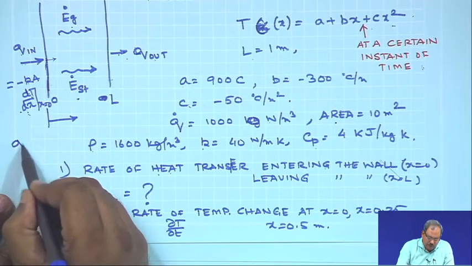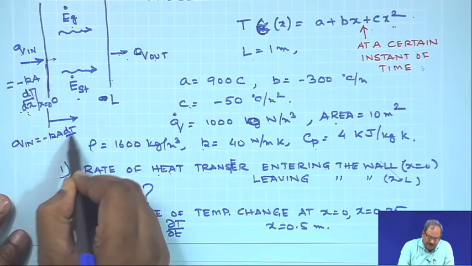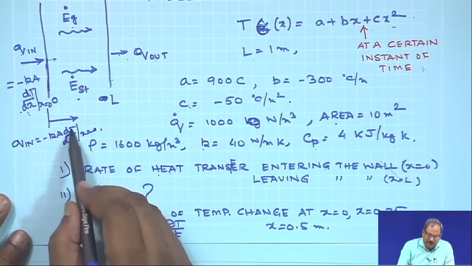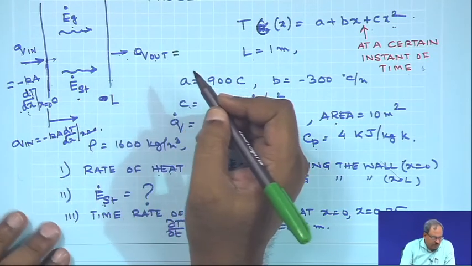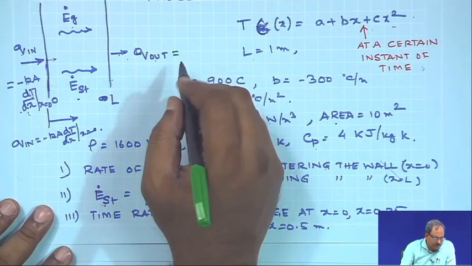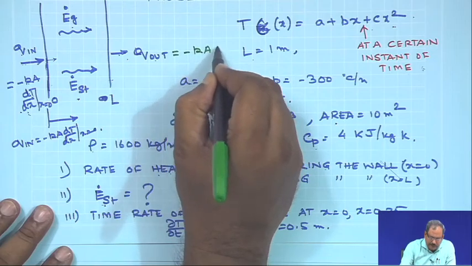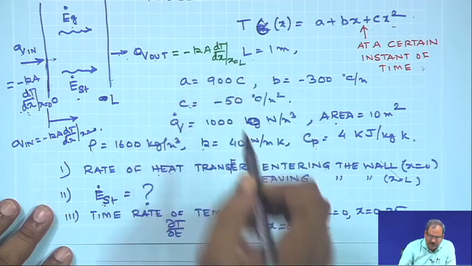So, my Q in would simply be minus K A dT dx at x equals 0, and the temperature profile is known to me. Similarly, my Q dot out would be equal to minus K A dT dx at x equals L.